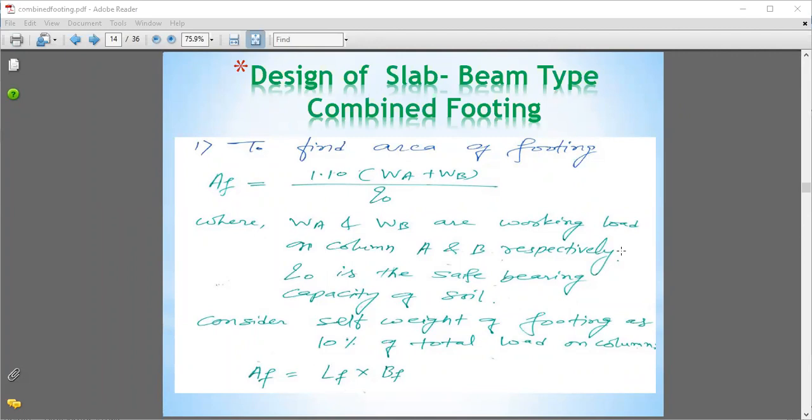Here L is nothing but the length of the footing and B is nothing but the width of the footing. That is the first step to calculate the size of the footing.